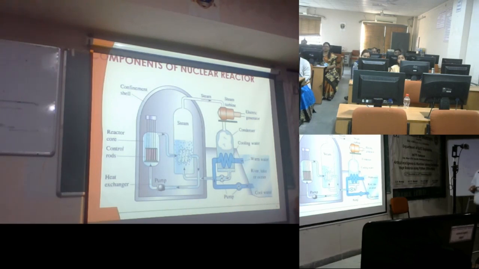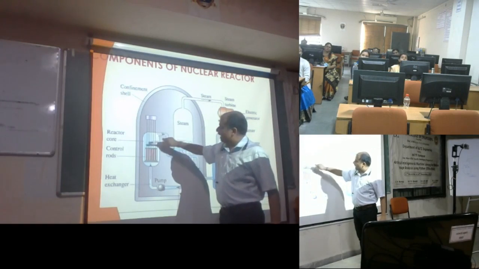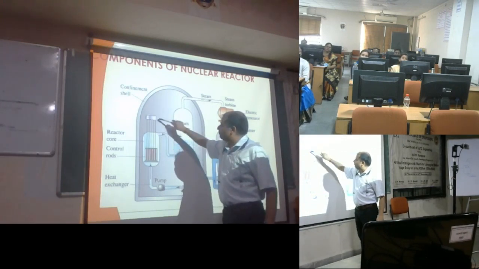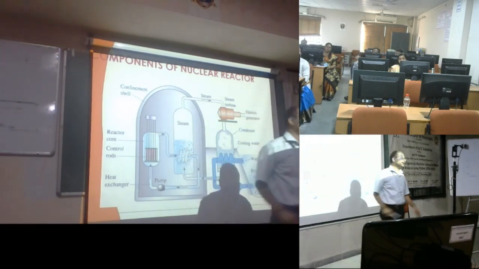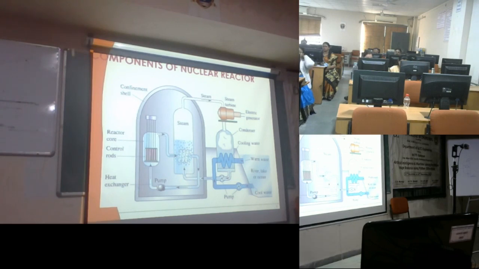This is hung with a mechanical clutch, which is operated by an electronic relay. The level of the control rod can be regulated depending on how much neutron population I need to control.